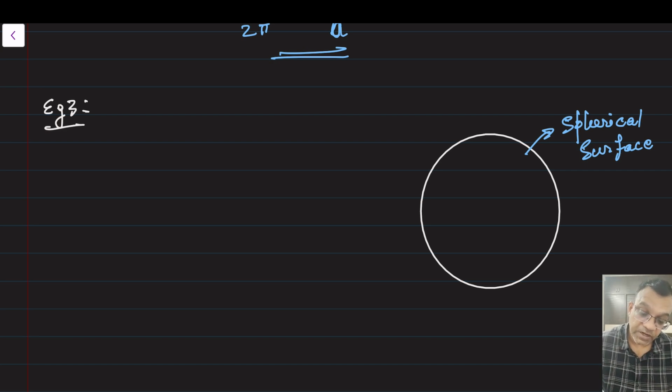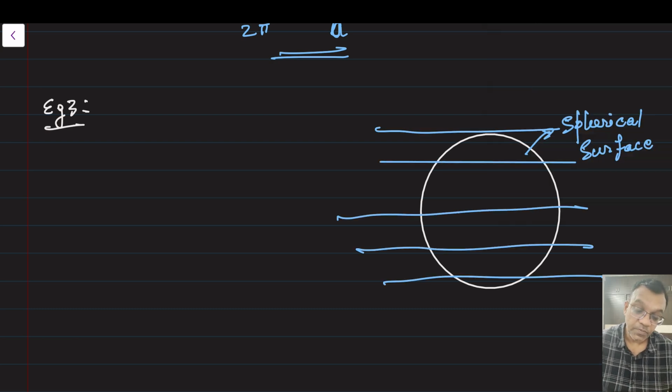And here the uniform magnetic field is present in this direction.